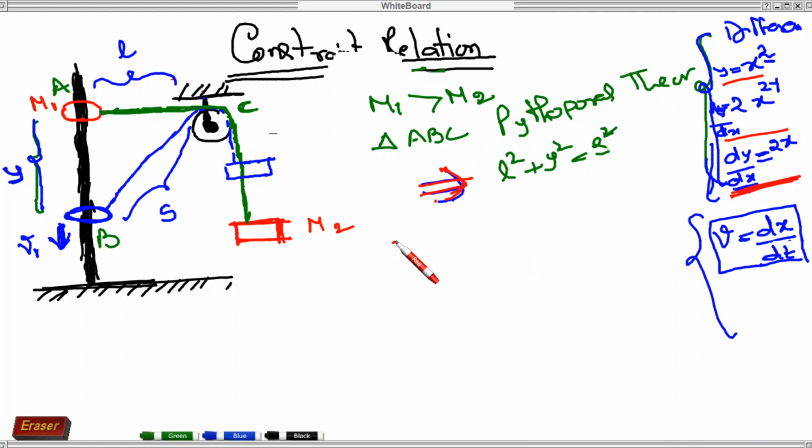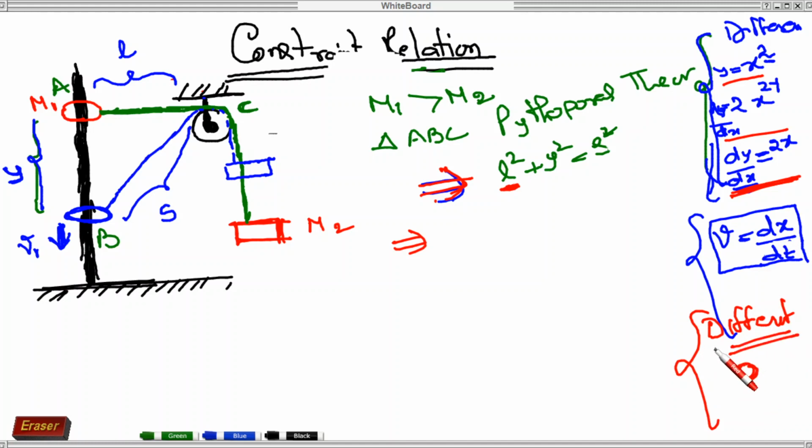So let's differentiate it. You can see here, this L is constant. One more thing: when you differentiate a constant, it becomes zero. Remember this.